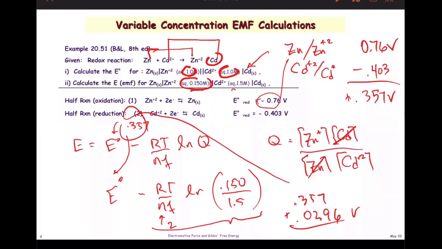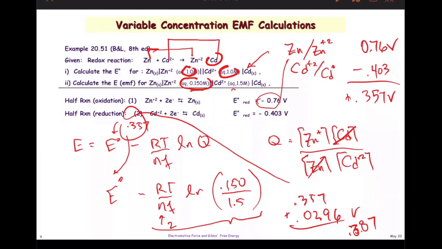Oops, sorry, I added that incorrectly. 0.357 plus 0.0296 is 0.386, 0.387. So let's see if I'm right.